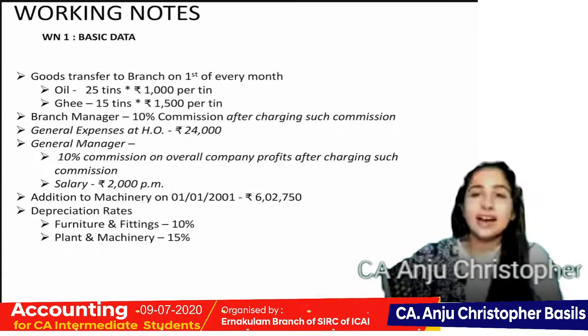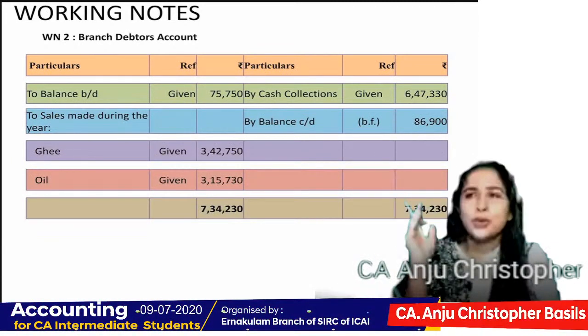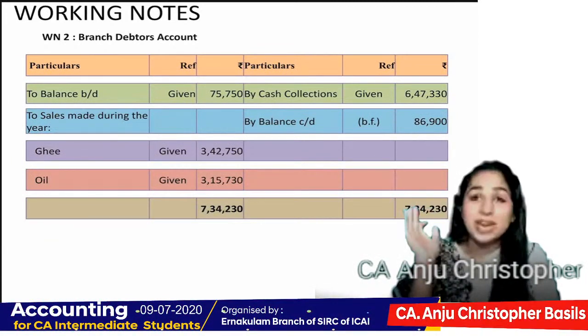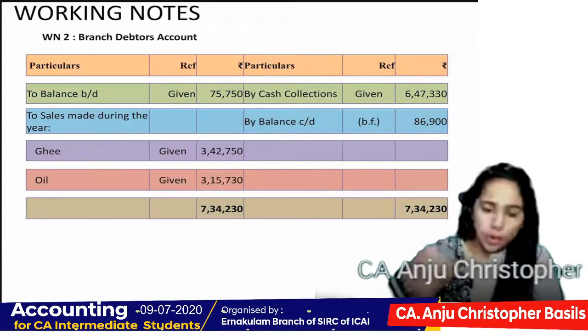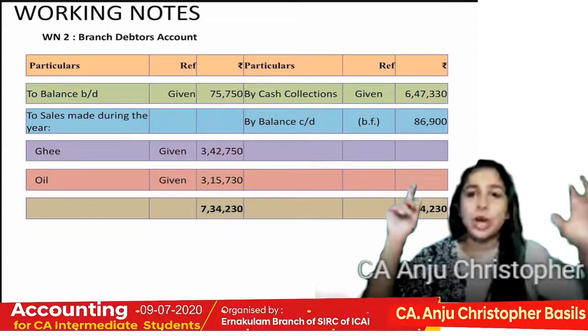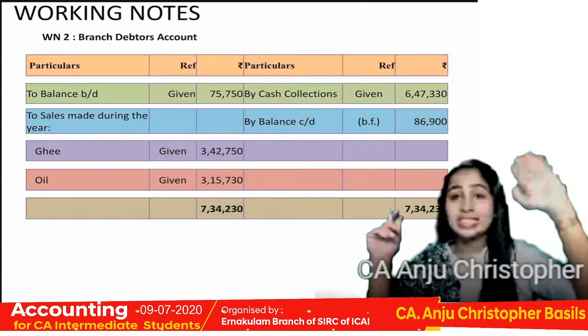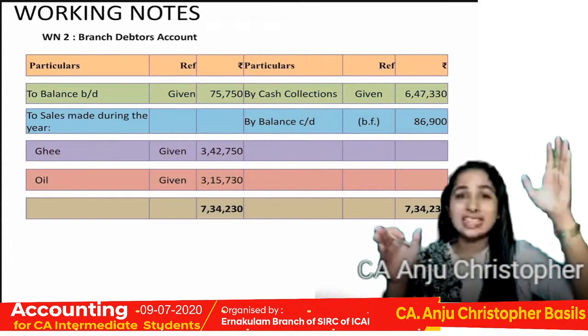Now, listen. When you are preparing the branch account, you obviously need the branch debtors closing balance. Why? Because in the branch account, we write the opening balance in the debit side and the closing balance in the credit side.